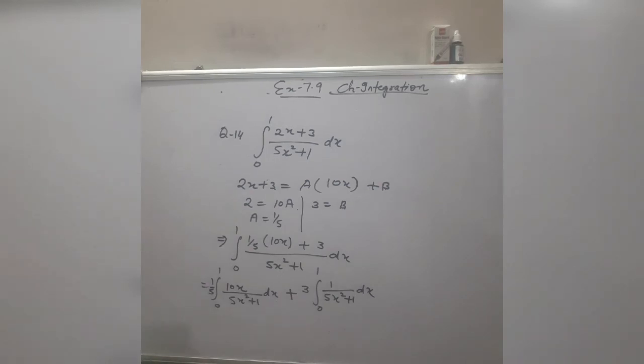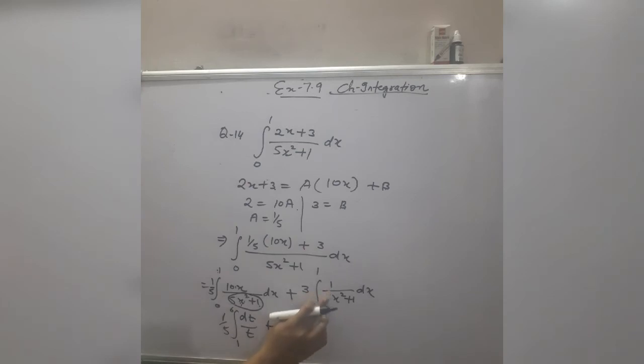So here you can put 5x square plus 1 equal to t, which gives dt. So you will get dt by t. And if you take 5x square plus 1 equal to t, then the limits also change accordingly. If you put x equal to 0, it becomes 1. So the lower limit will be 1. If in place of x you put 1, it becomes 6. So the upper limit will be 6.